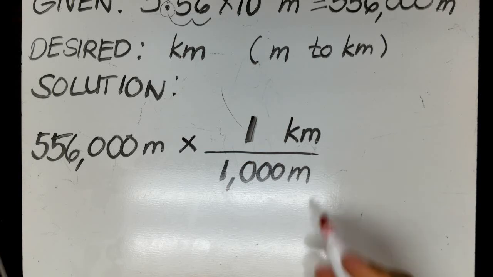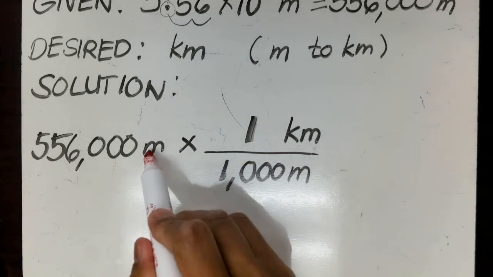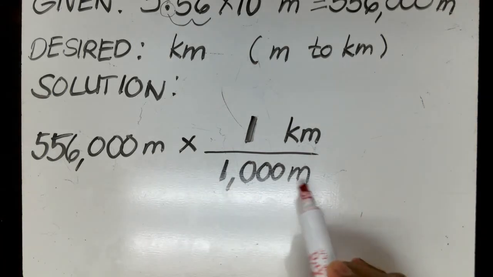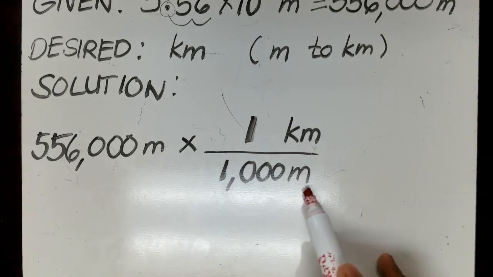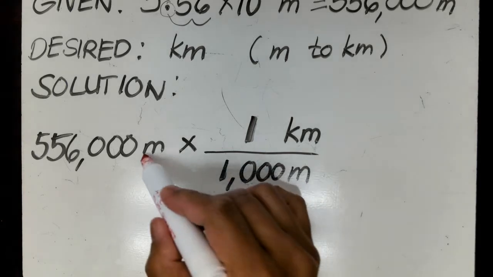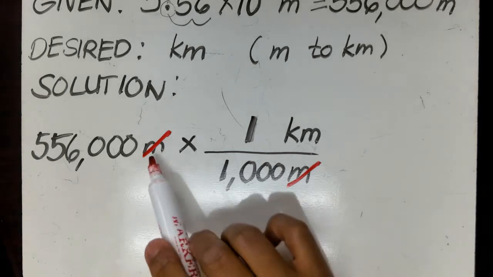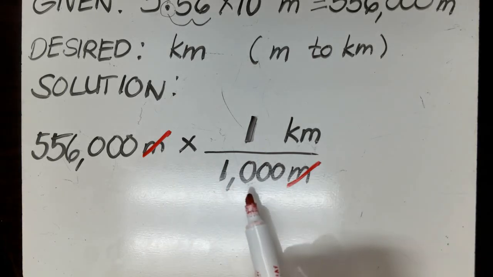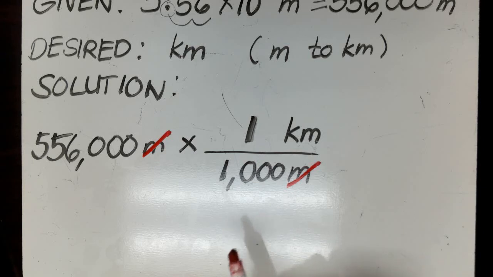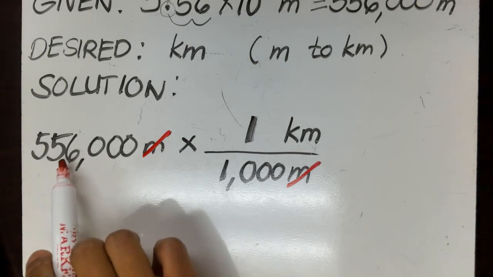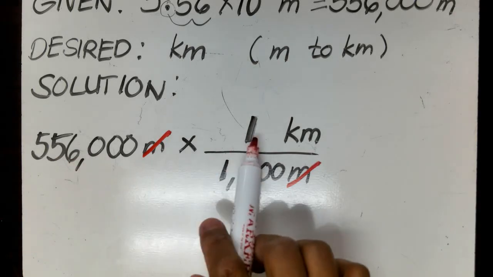But first, you know that in math, if the same unit is in the numerator and the other one is in the denominator, you can just freely cancel it out. So your meter is out of the picture. Remember, we're just canceling the unit, not the number. The number has to be there because we need to input that in the calculator. So now, when we put them together, it's going to be 556,000 times 1.